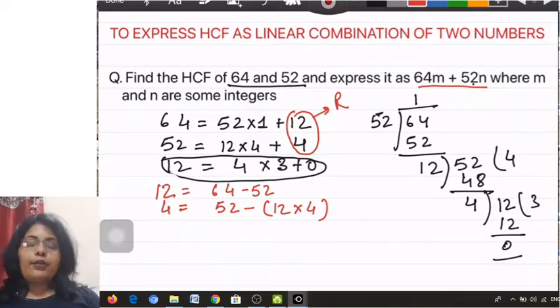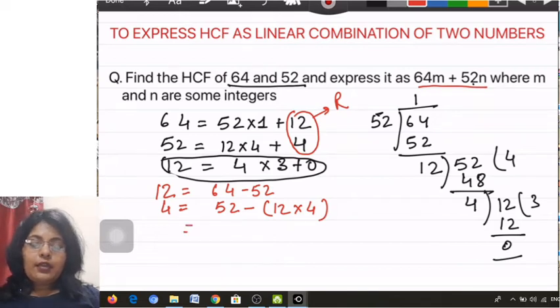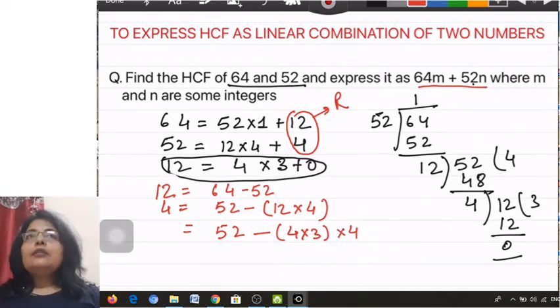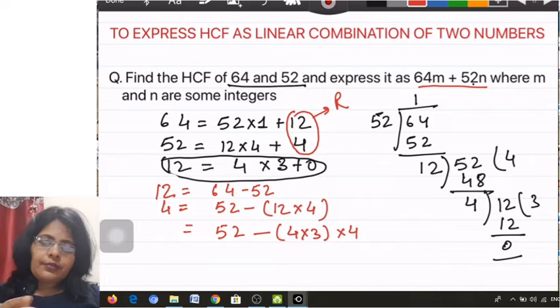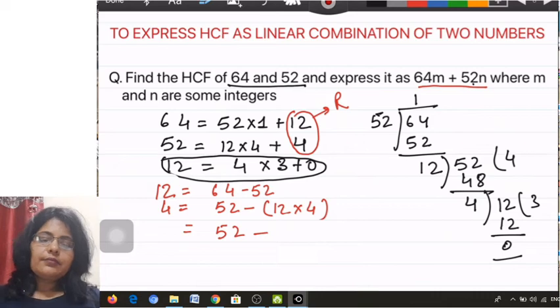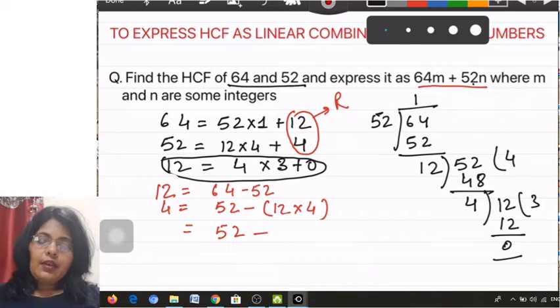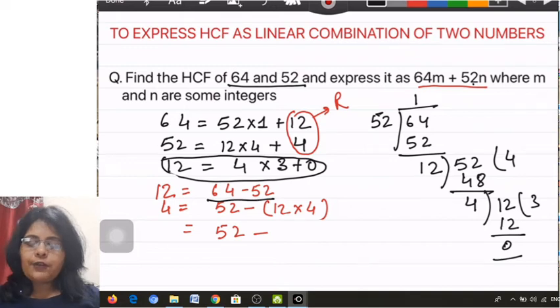We'll simply put the value of 12. Value of 12 is 64 minus 52. Here, 52 minus 64 minus 52 into 4.